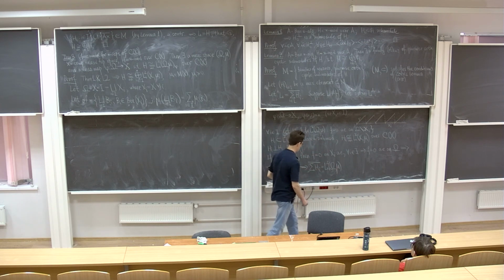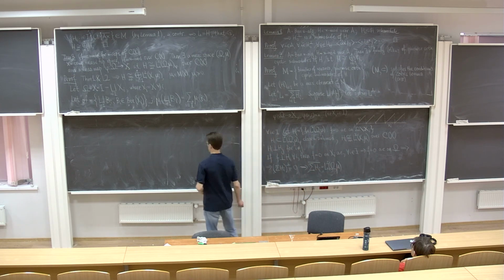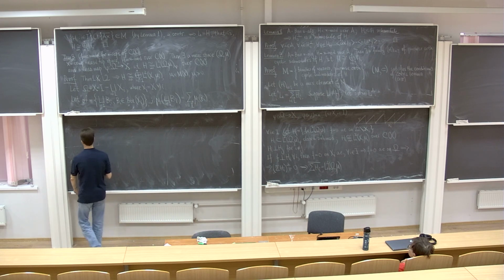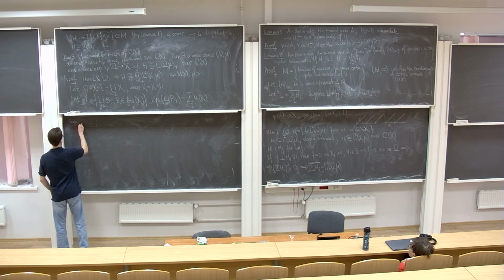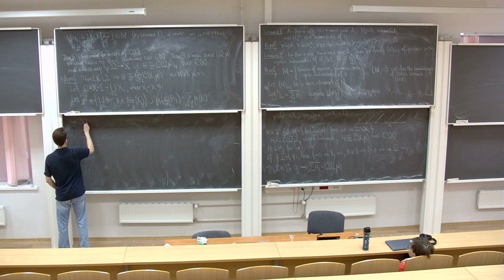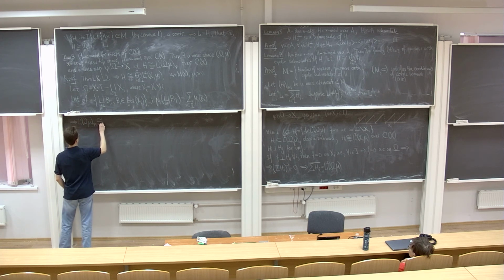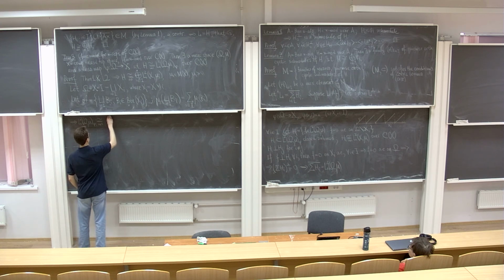So this implies that L2 of omega, mu is unitarily isomorphic to the Hilbert direct sum of the modules Hi.